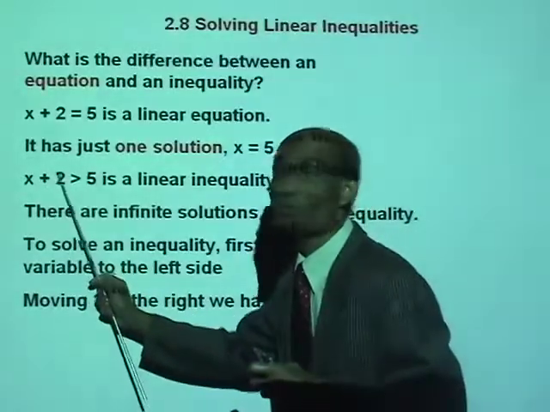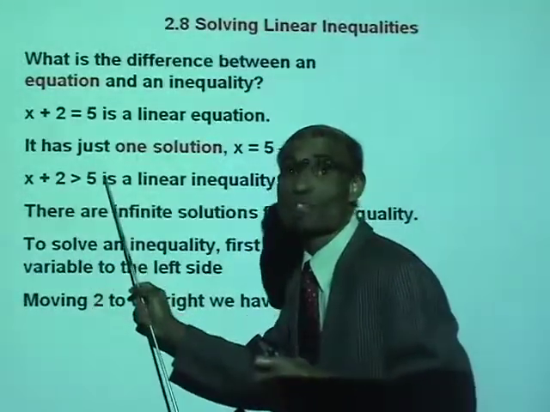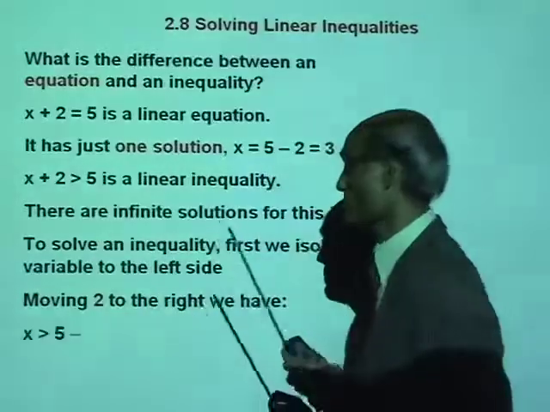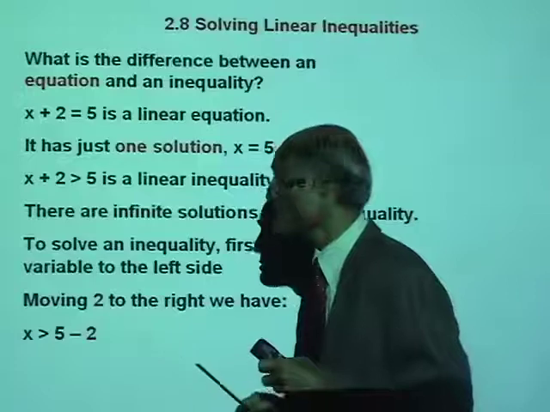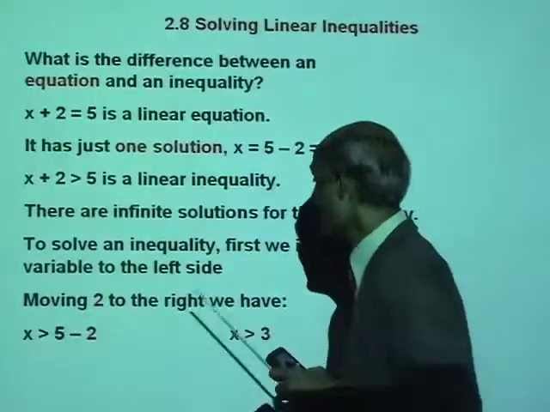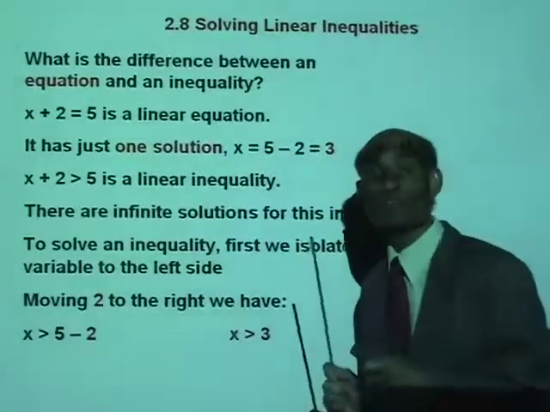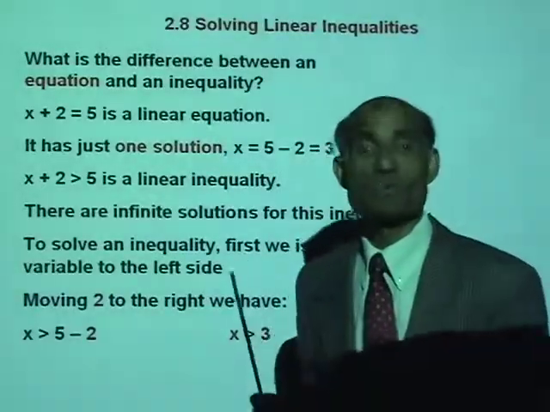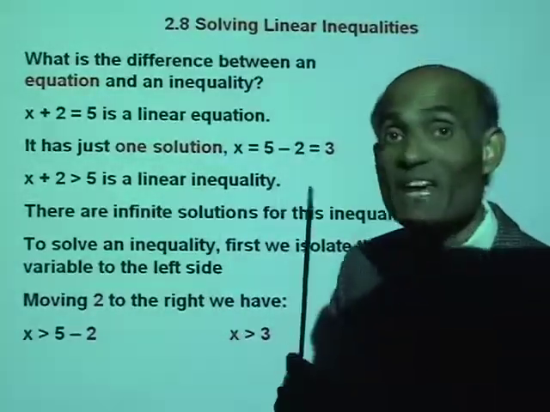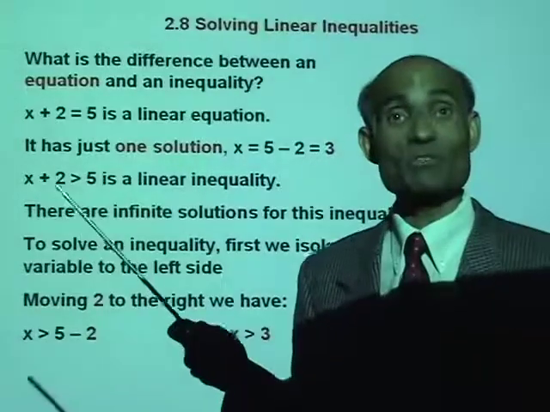Moving plus 2 from the left to the right will become minus 2. We get x greater than 5 minus 2. That means x greater than 3. You see, this statement will become true if x has any value greater than 3.